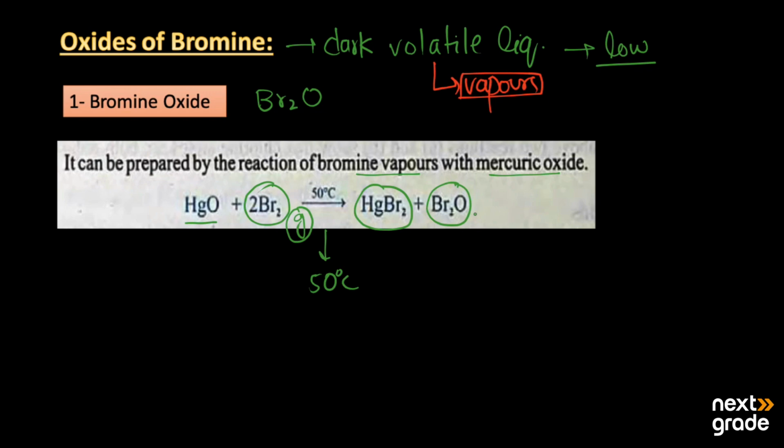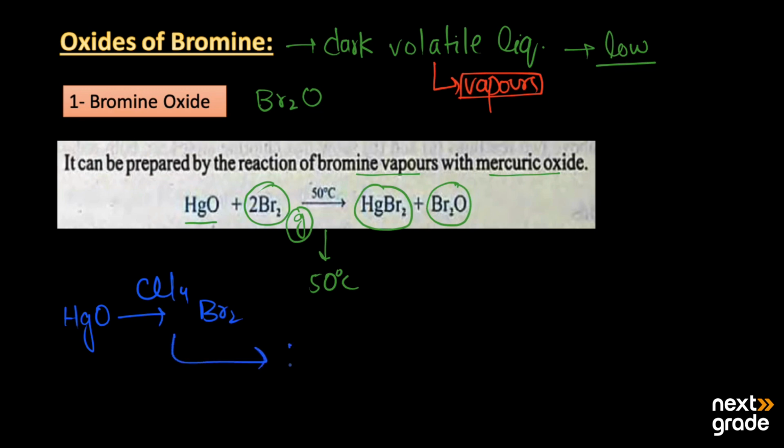Bromine monoxide can also be prepared by another method, in which we have mercuric oxide in the presence of CCl4, that is carbon tetrachloride, reacting with bromine.